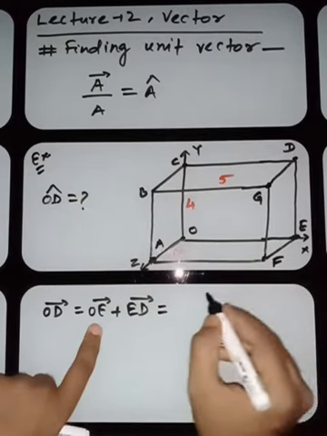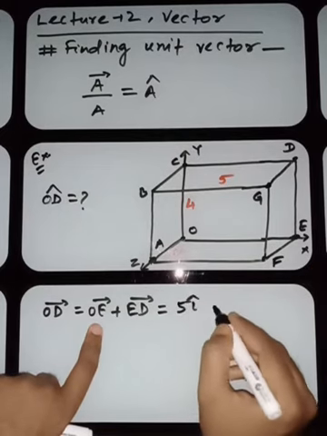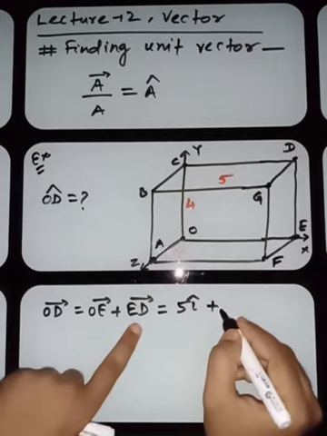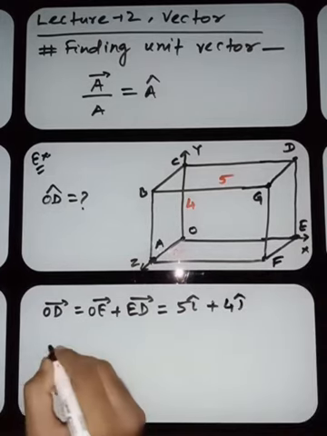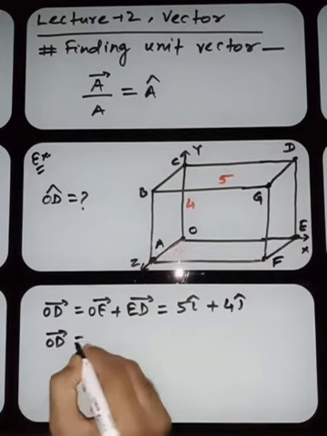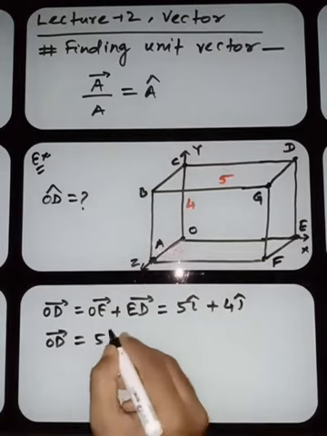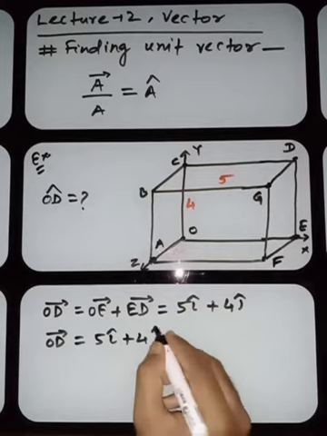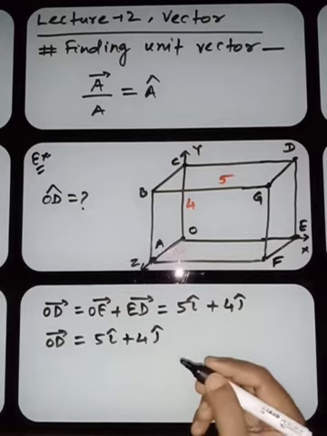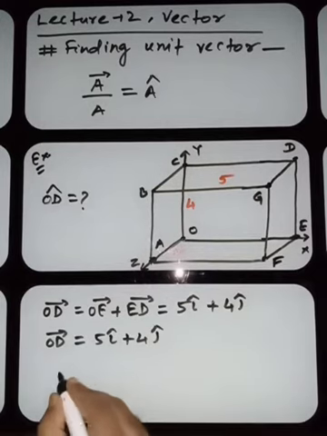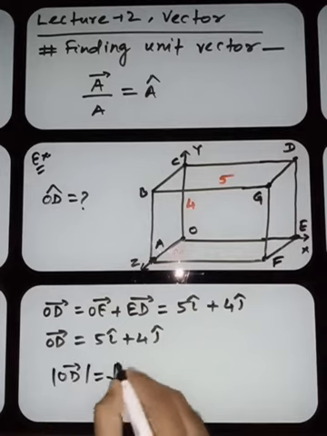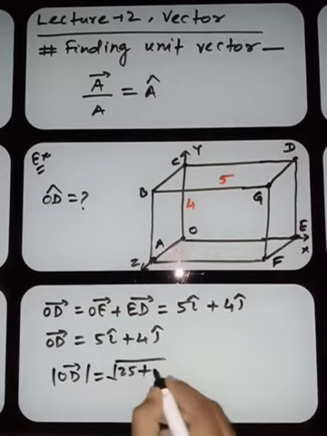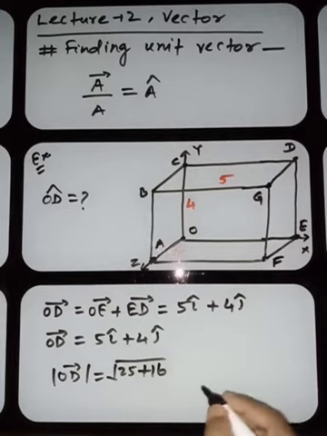OE is 5i cap plus ED is 4j cap. It means finally OD is 5i plus 4j. Now the magnitude of this OD is root under 25 plus 16.